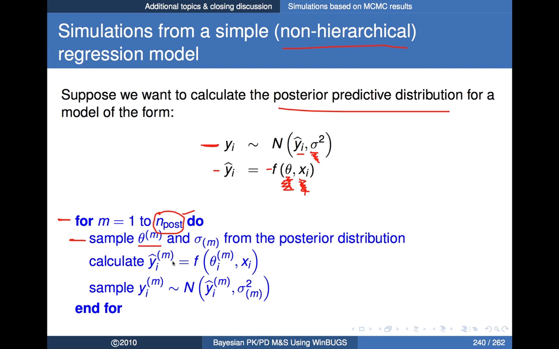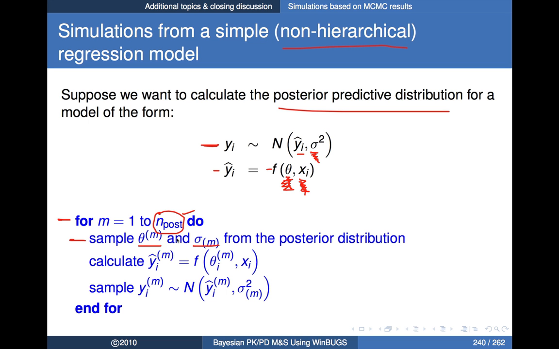So this theta m represents the theta values in the mth row of that posterior matrix, and the sigma m is the sigma from that same row within the posterior matrix.